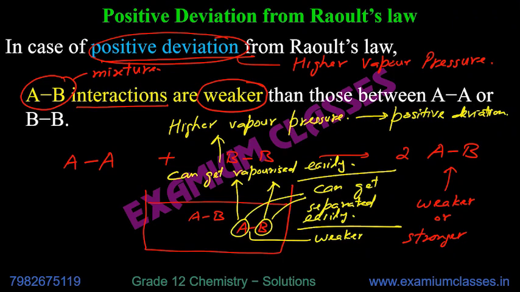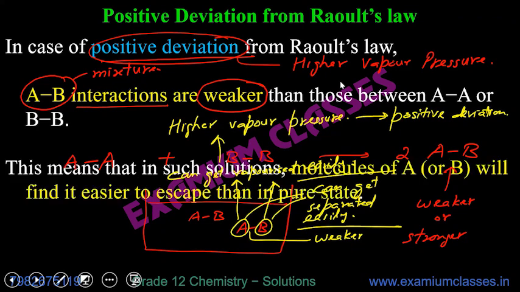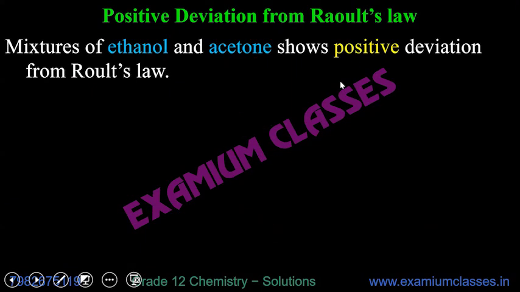Okay. So these parts are interrelated. You have to remember the questions will be indirectly there. All these steps are interrelated. Examples: a mixture of ethanol and acetone shows positive deviation.